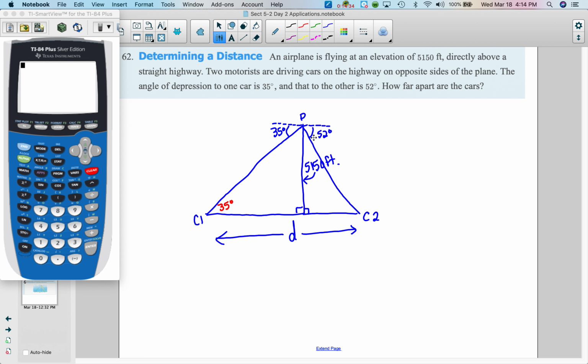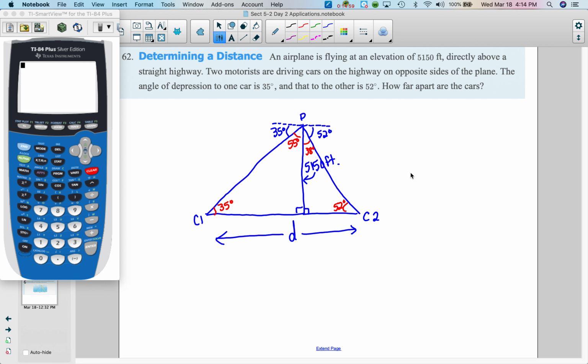And this is 52, parallel lines cut by a transversal, so this is also 52 degrees. So you can use that for your angles, which also means, of course, that we know what this is as well. So if we wanted, because we have a right angle right here, this would have to be 55 degrees here, and this one would have to be 38 degrees.